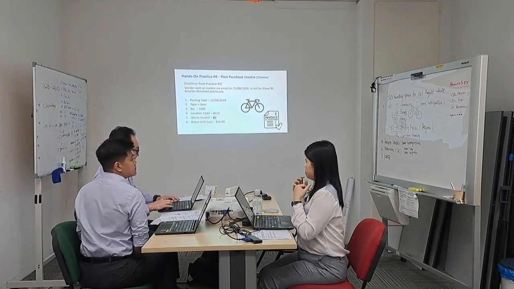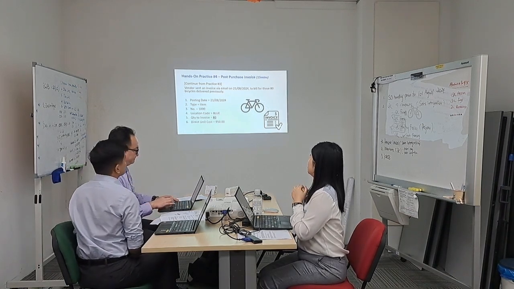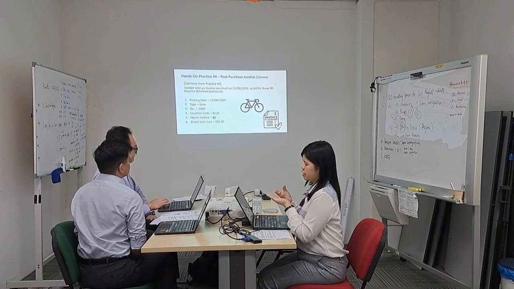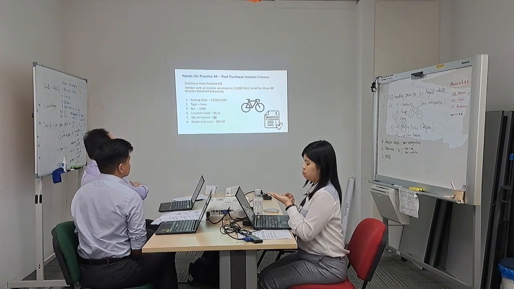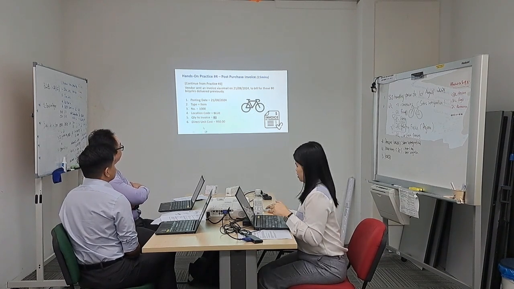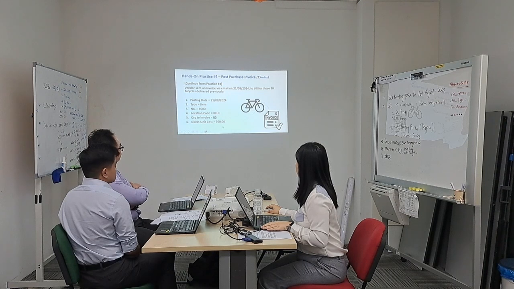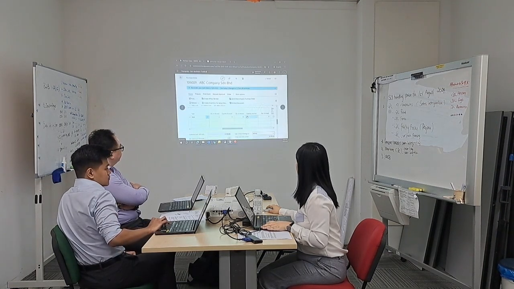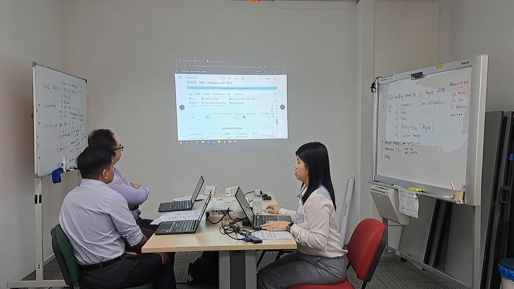After receiving is closed, the supplier gives you the invoice. The invoice says they bill for 80 bicycles. So we match up. Inside the system, here we have quantity to invoice.